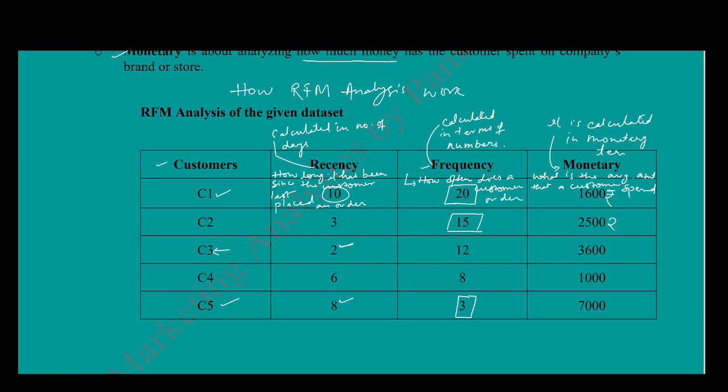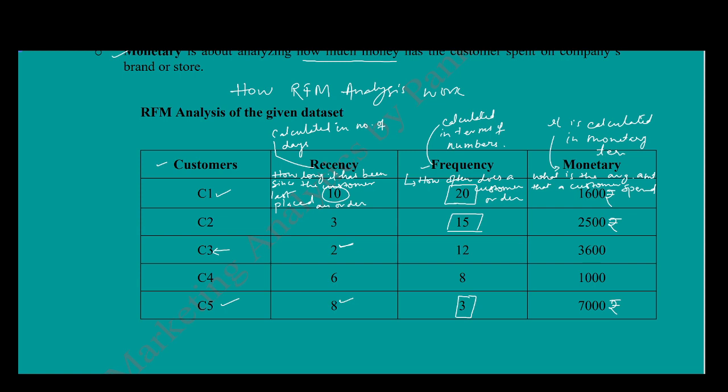Customer C2 spent 2500. Customer C5 spent 7000 rupees. So this is the notation of this given data set, and now this may be helping you in getting more understanding about these three terms.